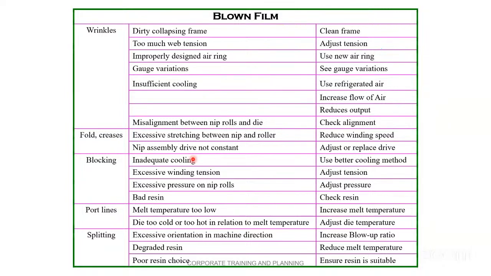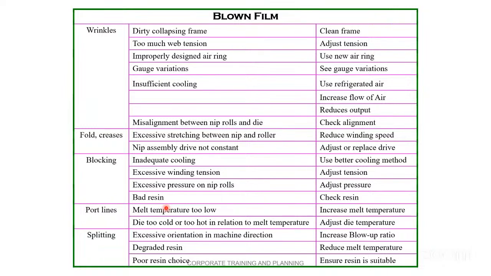Why does blocking occur? Inadequate cooling. Therefore, this blocking takes place. Therefore, use better cooling methods. Generally, many faults occur here due to the cooling and temperature of the die or melt, or excessive pressure on the nip rolls. Even bad resin: if the resin is not good, then blocking will take place.